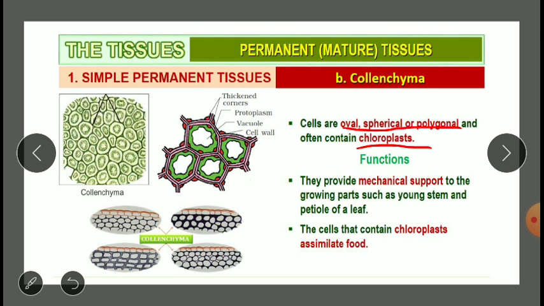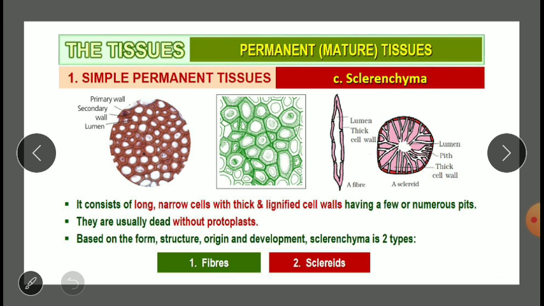Coming to the functions, these collenchyma provide mechanical support to the growing parts such as young stem and petiole of the leaf. As they have the thickenings, they give mechanical support to the young stem and the stalk of the leaves, that is your petiole. The cells that contain chloroplast assimilate food, that is they gather the food.